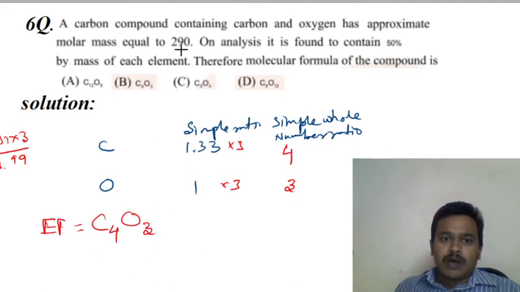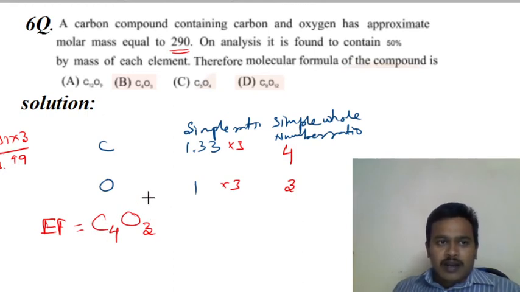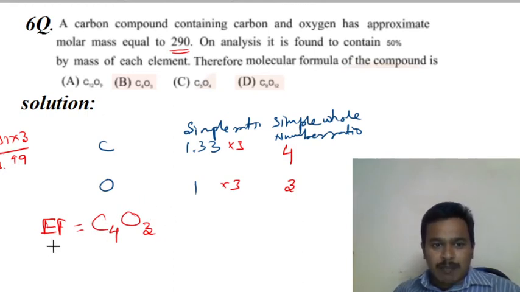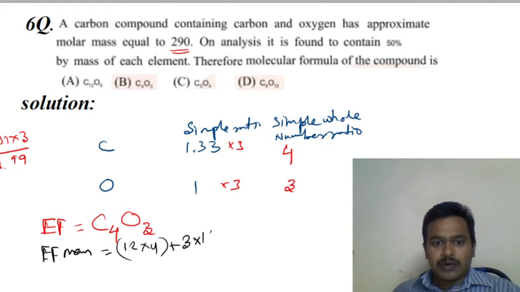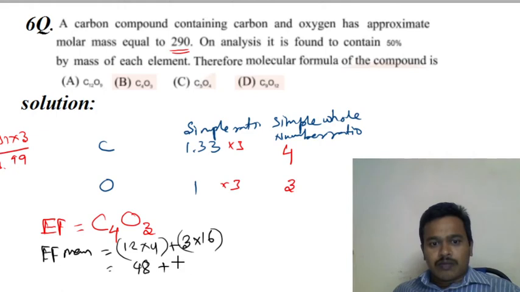I got the empirical formula. They told the molar mass is 290. We can check whether the formula is the same or different. I will calculate the empirical formula mass. Empirical formula mass is equal to 4 carbons, so 12 into 4, plus 3 oxygens, 3 into 16. 12 fours are 48, plus 3 sixteens are 48.